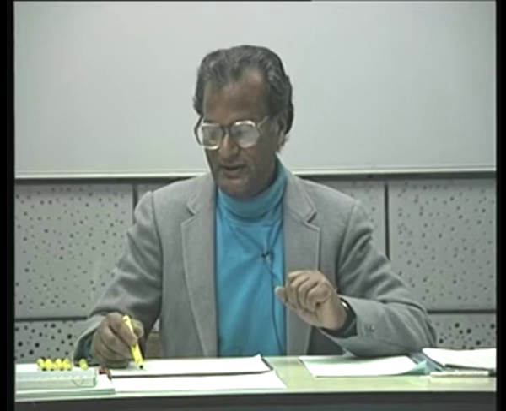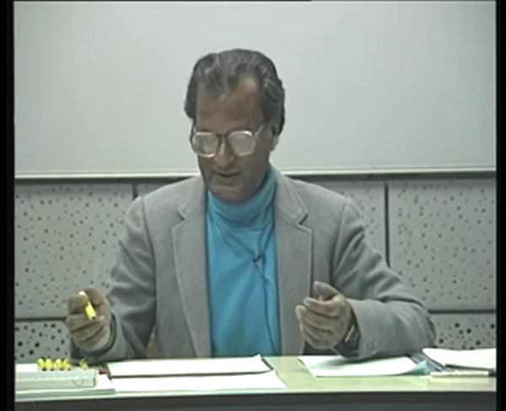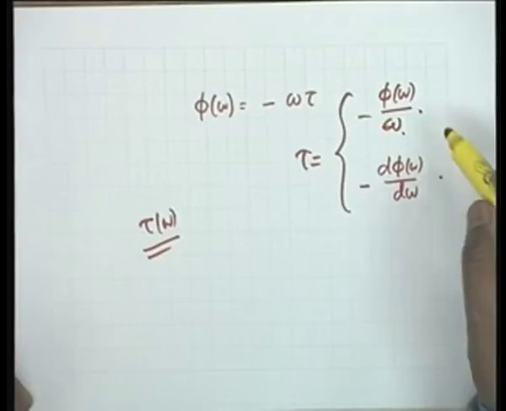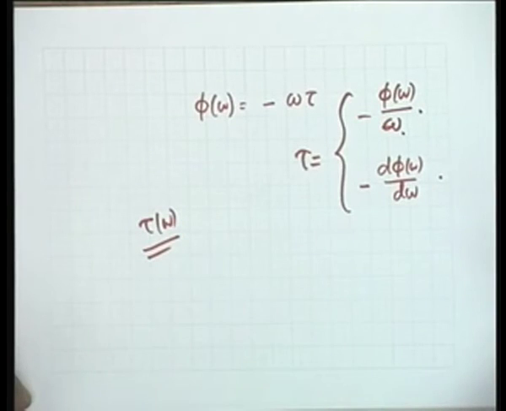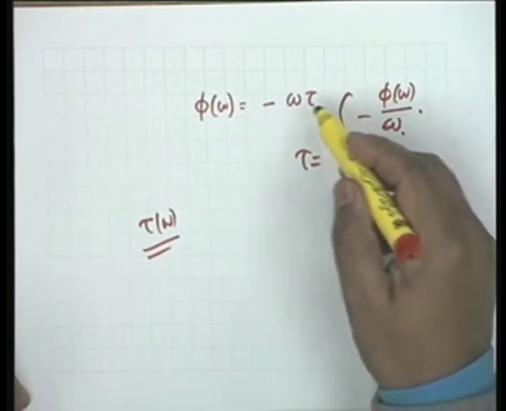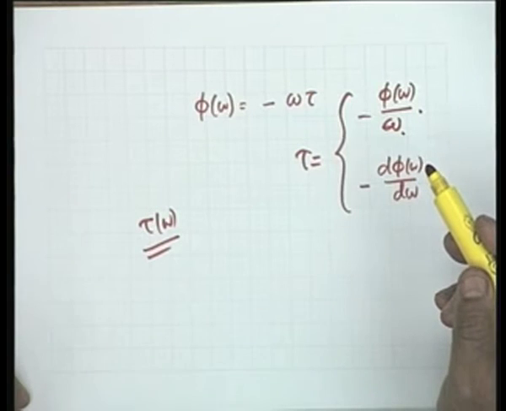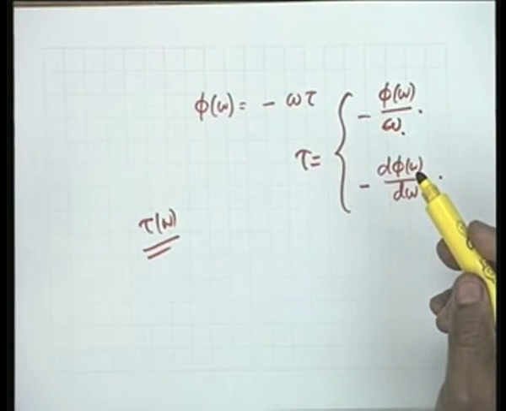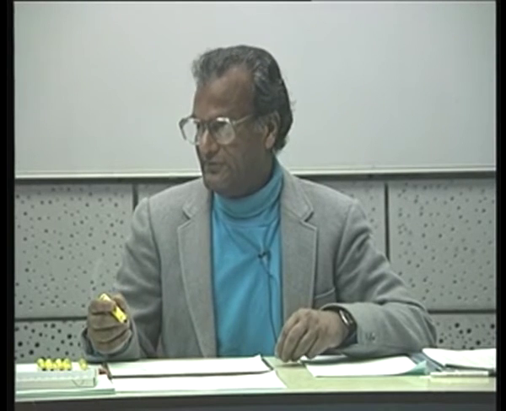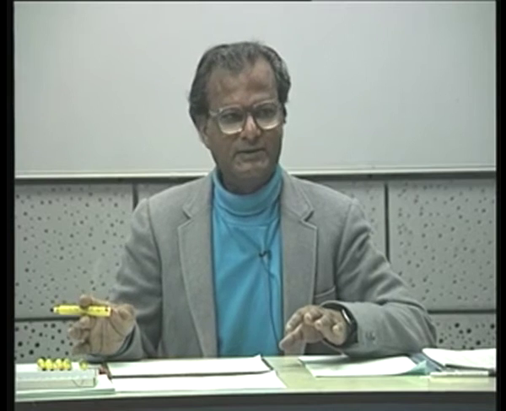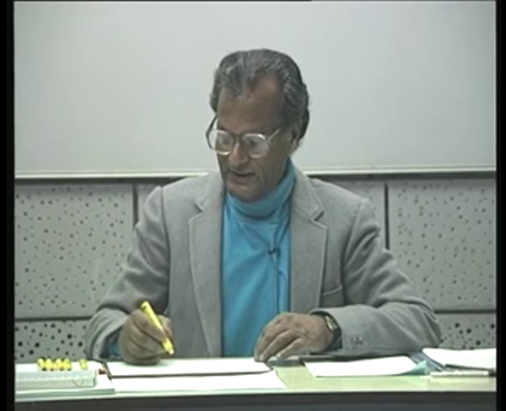You see, if phi of omega was minus omega tau plus another constant, then phi of omega by omega would not be equal to d phi of omega by d omega. And therefore, this is a very special situation in which the phase is linearly related to frequency with the phase at 0 frequency equal to 0. That is the straight line passing through the origin.